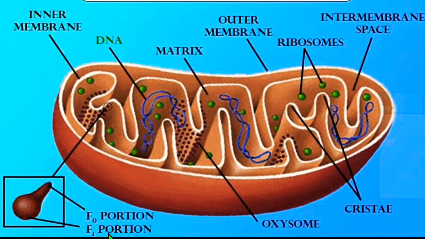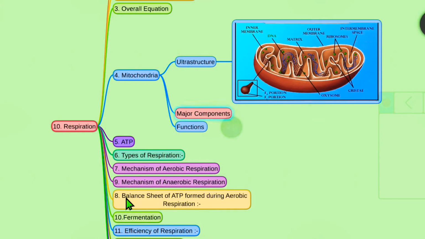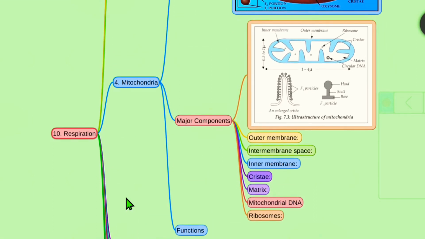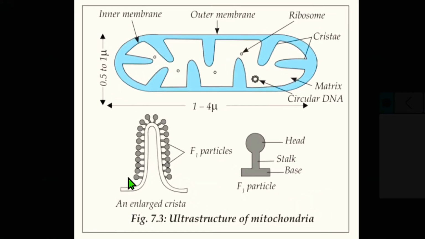To move to the next, here we'll see the major components of the mitochondria. The first one is the outer membrane, second one is the inner membrane, third is ribosomes, the cristae, matrix, the circular DNA, and this is an enlarged cristae, and these are the F1 particles present on the cristae.